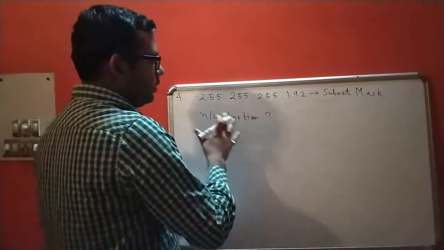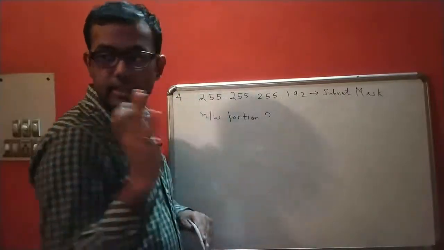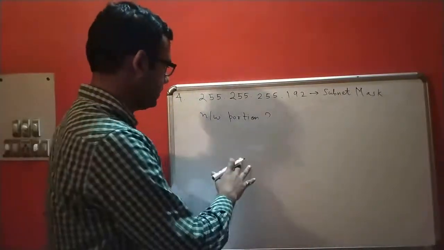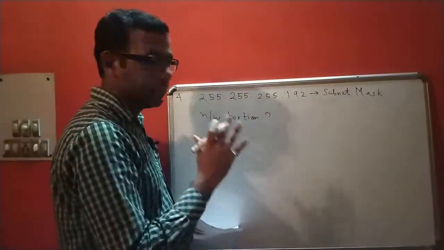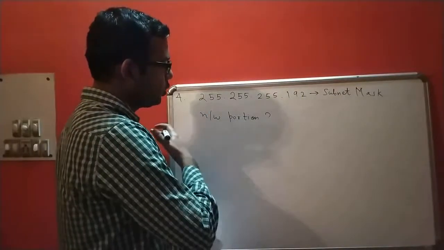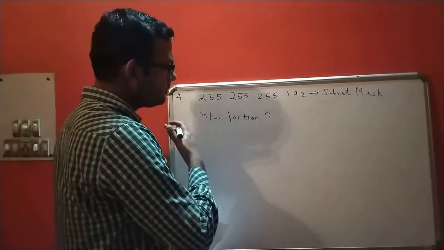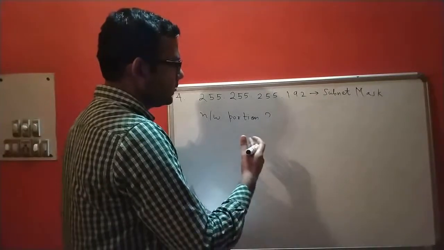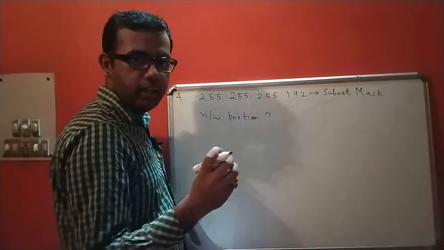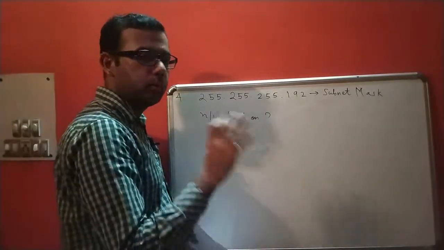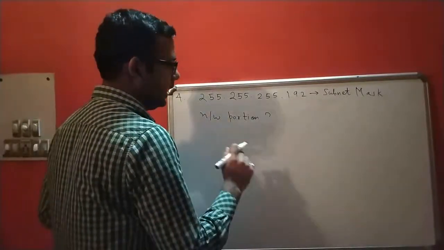See, what does a subnet mask represent? A subnet mask represents the total number of ones and zeros that will help us to identify any IP address as belonging to a particular network. I'll give you an example.